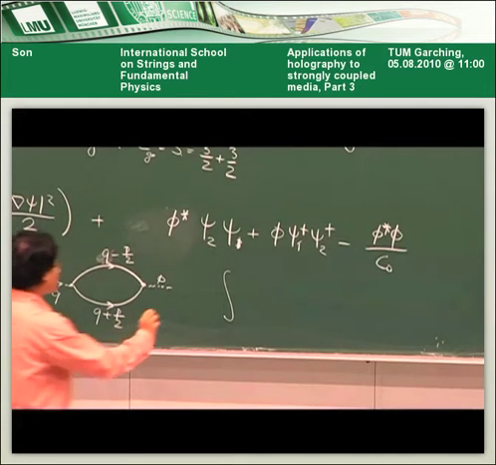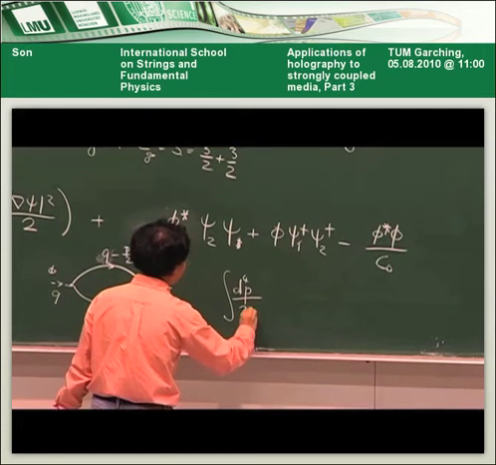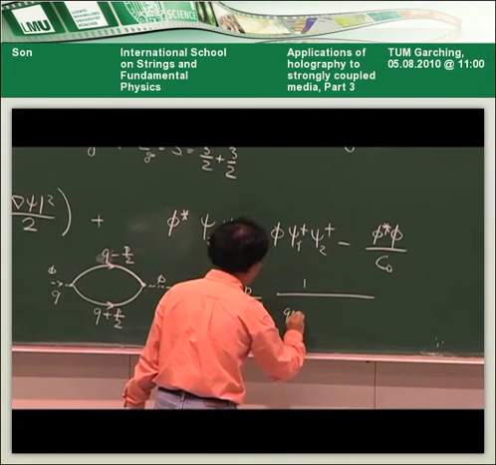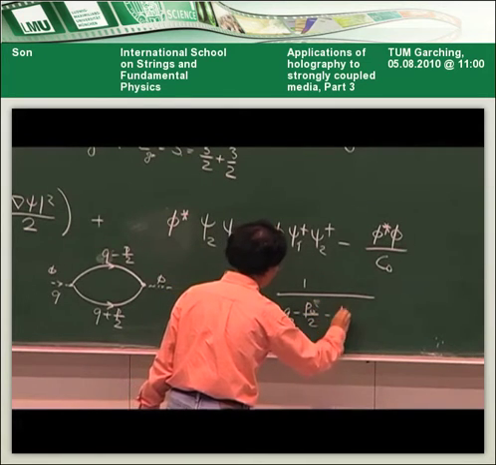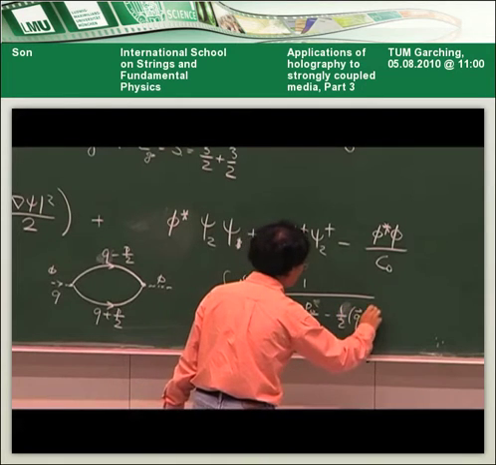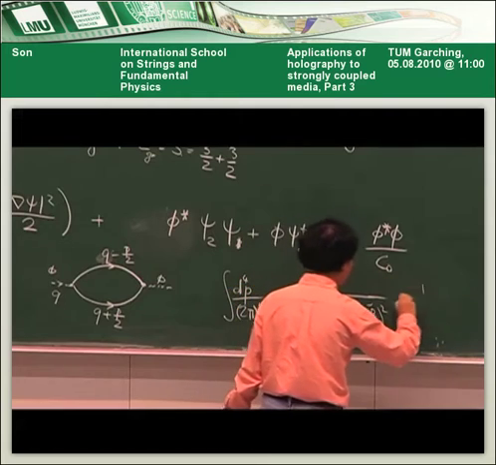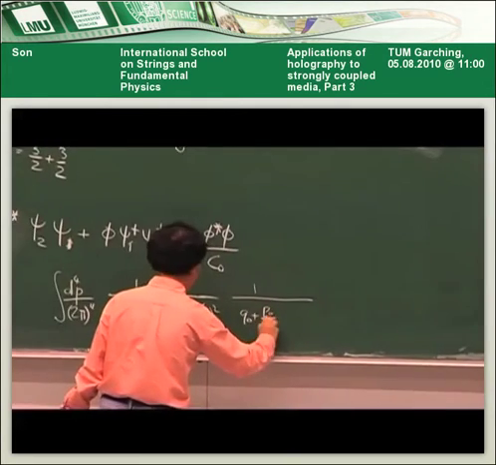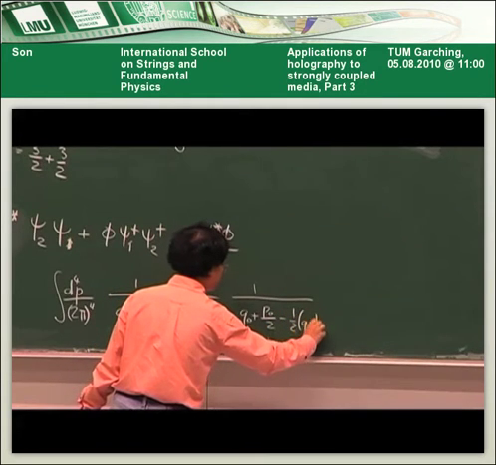I just write it down like this: the integral d4p over (2 pi)^4, 1 over q naught minus p naught, minus a half of (q minus p over 2) squared, and there is some i epsilon that is important to get the result right, but I won't write it down.